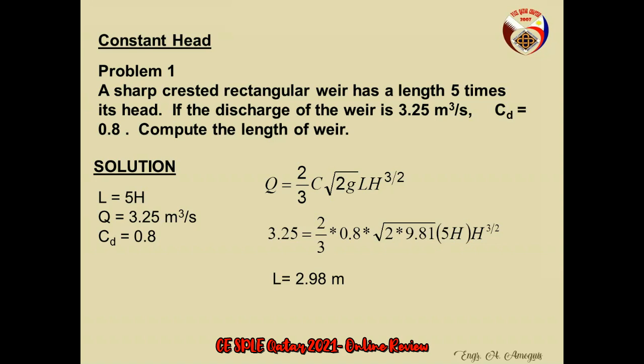Check natin: 3.25 divided by 2/3, divided by 0.8, divided by square root of 2 times 9.81, divided by 5, raised to 2/5.